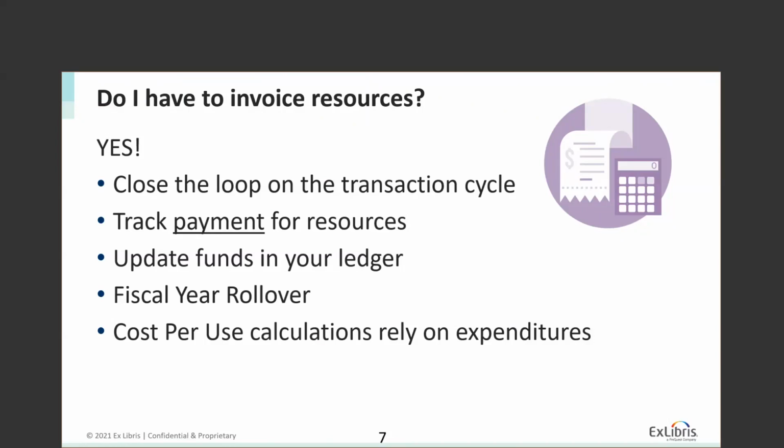Remember, fiscal year rollovers also depend on invoices being closed, because one thing you roll over are open one-time orders. And if things aren't received and invoiced, guess what? They get rolled over. So that's another reason you do need to finish the process. And cost per use calculations rely on expenditures. So long story short, yes, we need you to invoice your resources.